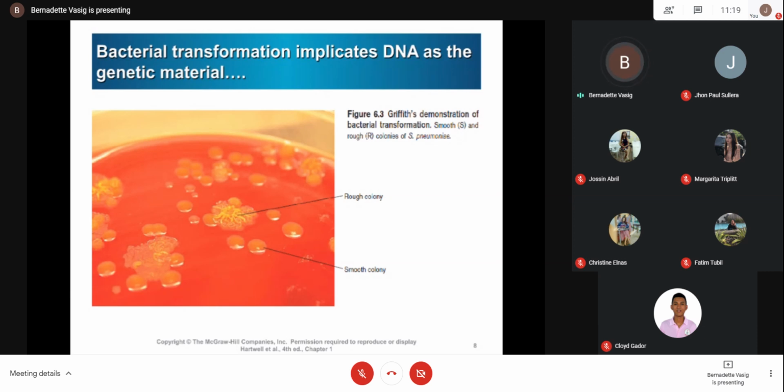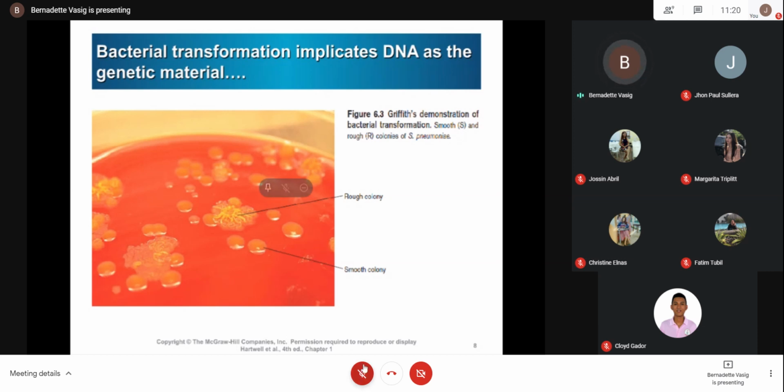Kindly answer the question. Relate how Griffith's experiment proved that DNA is the genetic material. Okay, simply because during transformation, di ba?